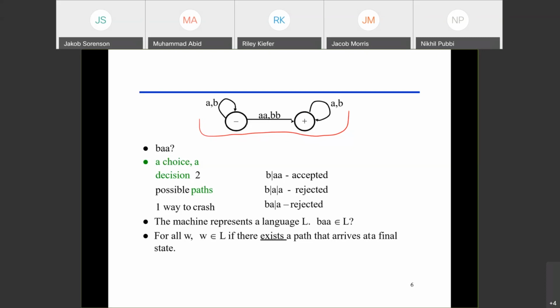Next, it covers both inputs, A and B. Let's see: the first state takes care of A and B, the second state takes care of A and B. I mean not input, outgoing edges actually. Okay.